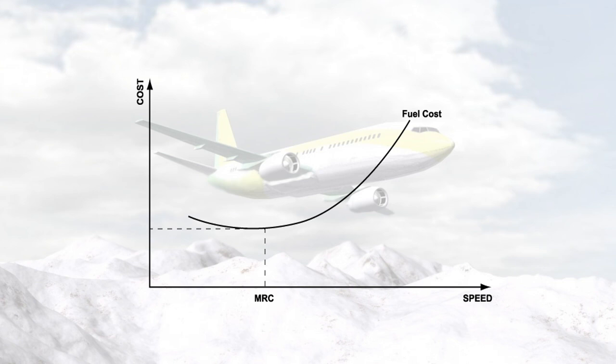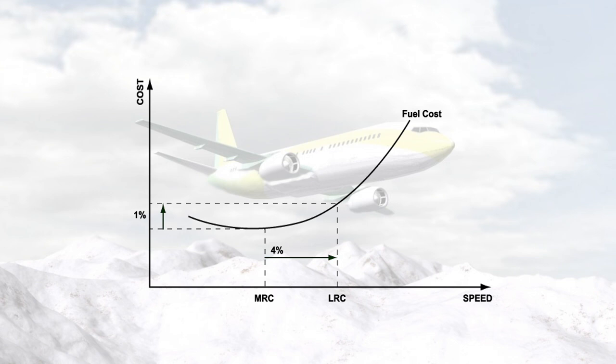As you can see from the graph plotting cost and speed, the advantage of flying at maximum range speed is simply because the aeroplane will use the least amount of fuel and therefore have the least amount of fuel cost for any given distance. However, operationally, the faster long-range cruise speed is used.